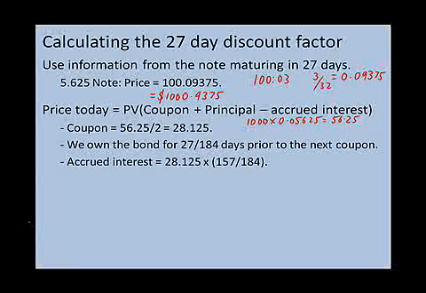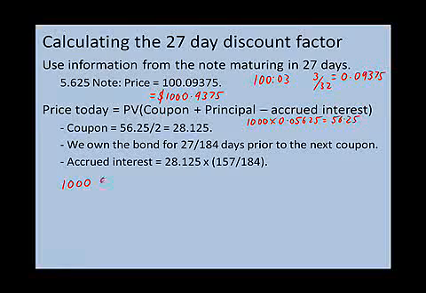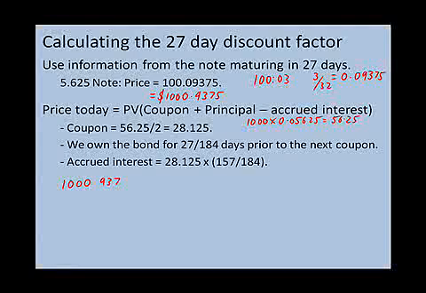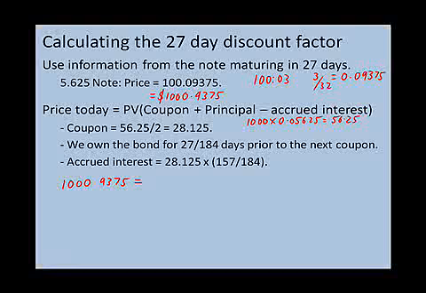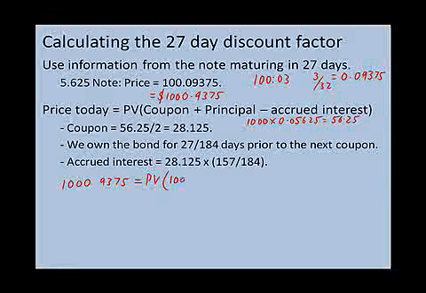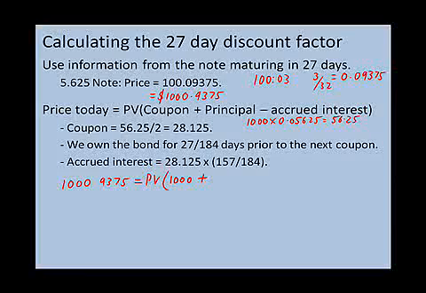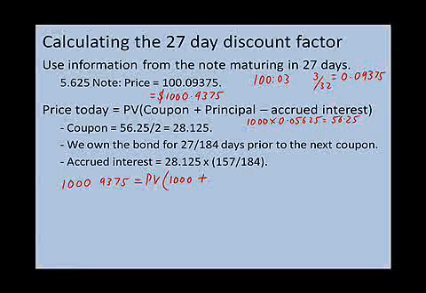Now let's see if we can calculate the discount factor. We know that the price today, $1,000.9375, is equal to the present value of the coupon plus the principal minus the accrued interest. Well, the principal is easy. That's going to be $1,000. Plus, well, how much do we get of the coupon payment?